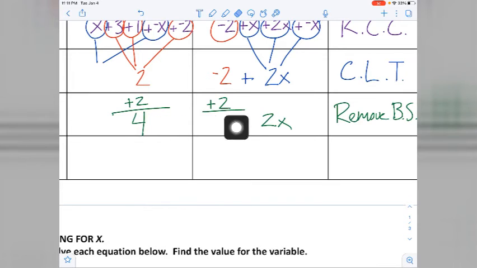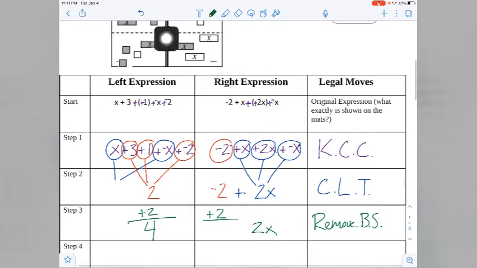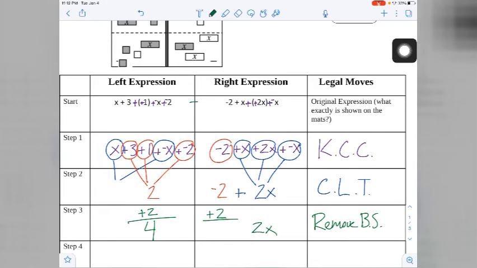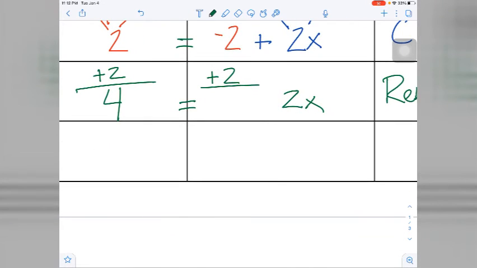And now that I have 4 and 2x, I can remember, by the way, this is an equation mat, and it's saying one side is equal to the other. And so these are equal. So 2 is equal to negative 2 plus 2x, and 4 is equal to 2x.